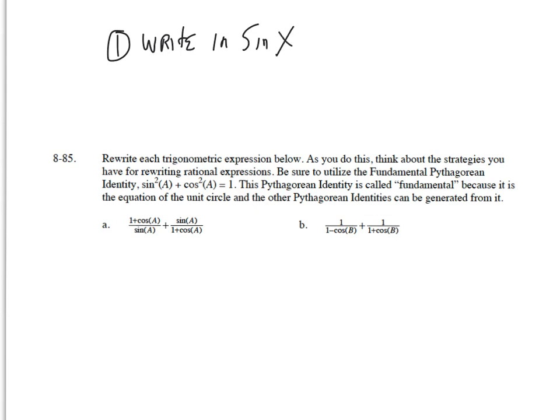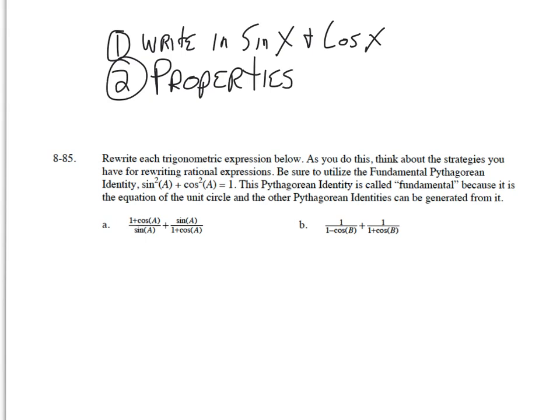Not always, but often. 2, use the properties that we've listed in this lesson. 3, since it looks like we're going to be adding fractions, think of getting common denominators.